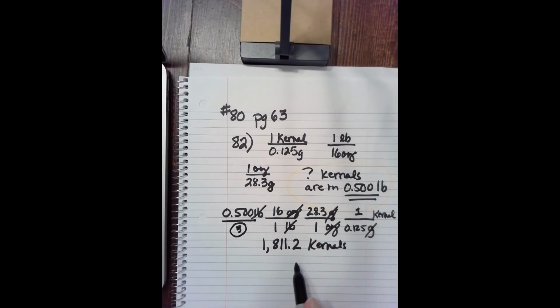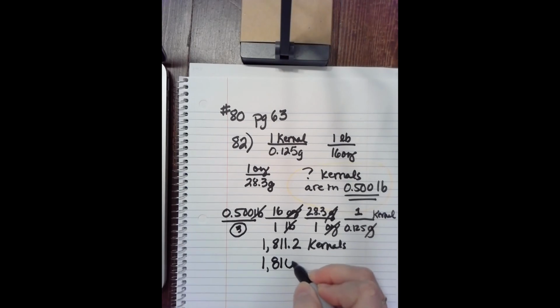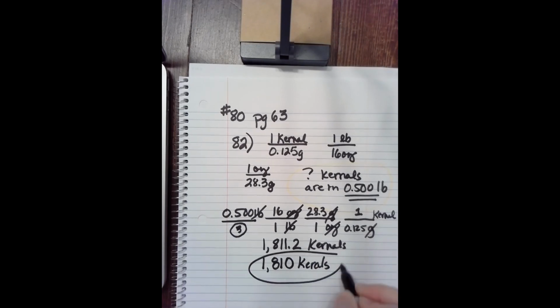I write this number, my first one, my second one, and then I look here. Does this round up? No, the 1 doesn't round that up. But I keep my placeholders correct, so 1,810 kernels would be the correct answer.